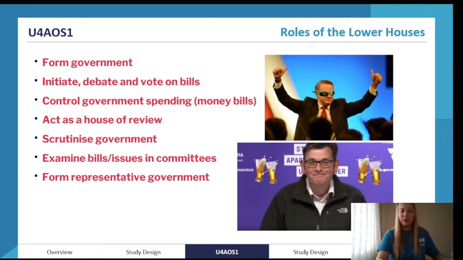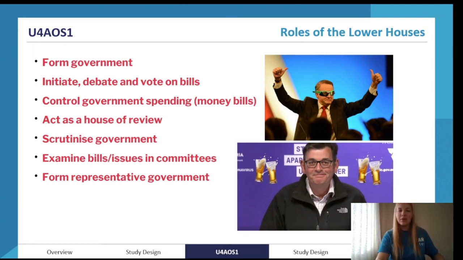If we have a clear majority in the lower house, they won't be able to really stop laws from passing through there because the government party itself will have more than 50% of members being able to vote bills through. They won't be able to stop laws, and if they do initiate laws without the support and vote of the government party, it's not going to be able to pass through.